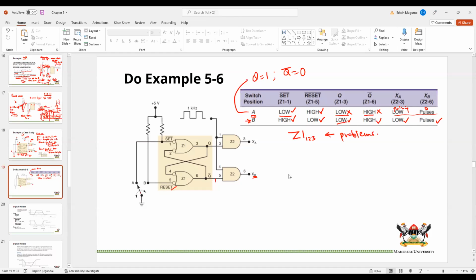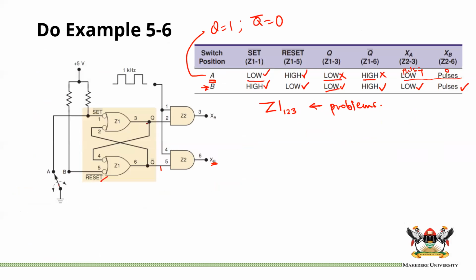Okay, so some of the issues could be, you see here, Q is supposed to go high, but doesn't go high. Q should be high, but remains low. And we see that for the contact of B, there is no issue, meaning this gate is actually fine.